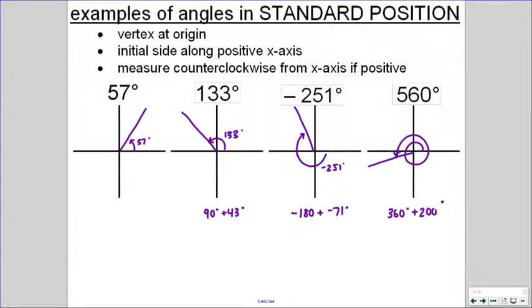So this is how I'm going to note that 560 degrees. My spiral is going to go around the circle more than once because we have a full revolution plus another 200 degrees there. All right, so just practice drawing those angles. Just sketch an x and a y axis really quickly in the homework, and then just draw your angle that way.